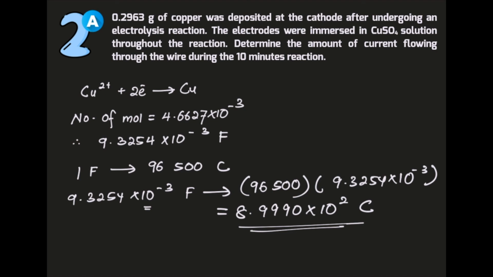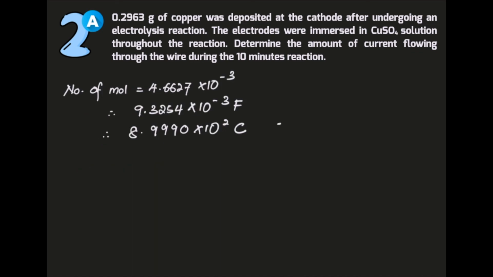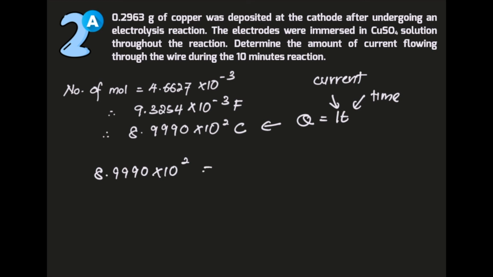From here, then only we can know what is the current flowing, because when we get the coulomb, the thing that we get is actually the value of Q. Now we can use Q equals I T, where T is time and I is the current. The value of Q is 8.9990 times 10 to the power of 2, equal to I, the thing you want to calculate, times T, time.